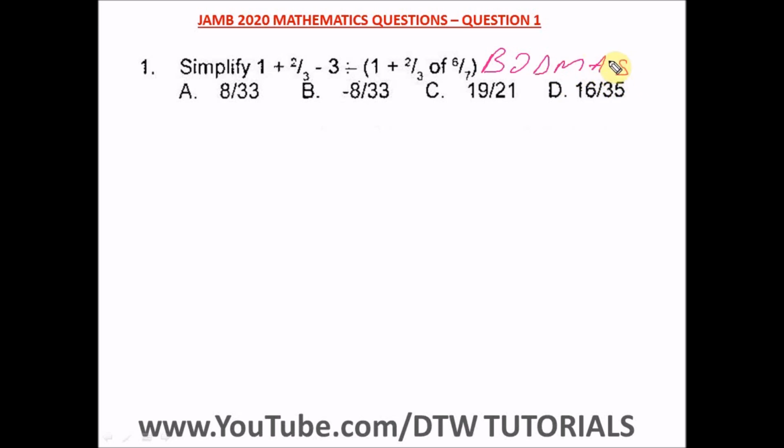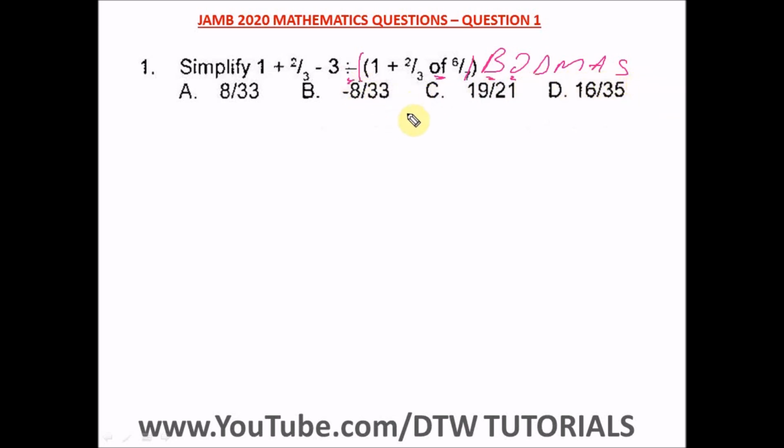So from what we have here, our B stands for brackets, which are these brackets that are here, and our O stands for of, which is this, our D stands for division, which is this, M multiplication, A addition and subtraction.